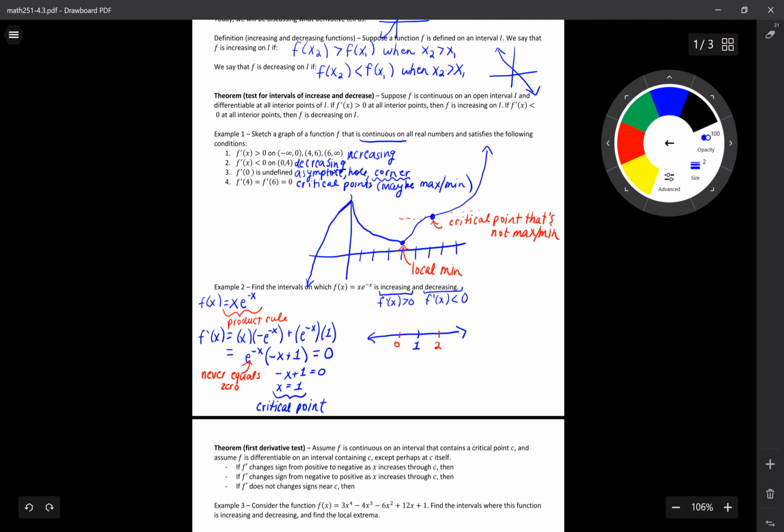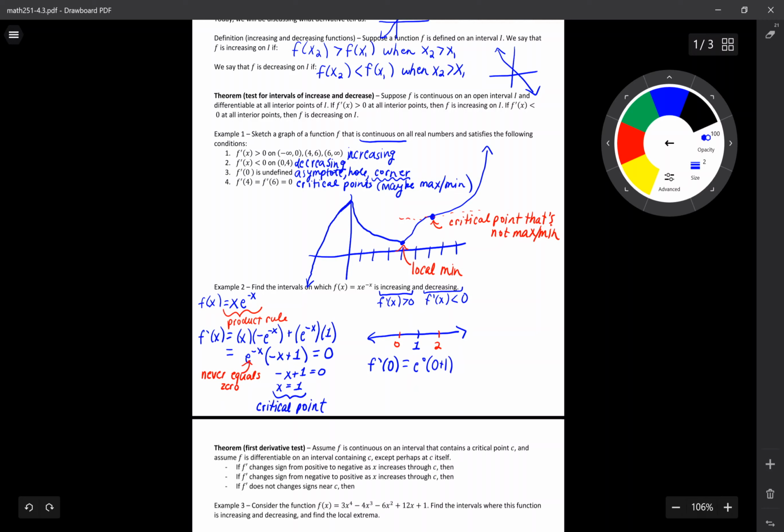And from here, I want to see if my derivative on the right side of 1 and on the left side of 1 is positive or negative. So I'm going to test f prime of 0. So if I put in 0 into my derivative, which is this guy right here, I get e to the 0 times 0 plus 1.